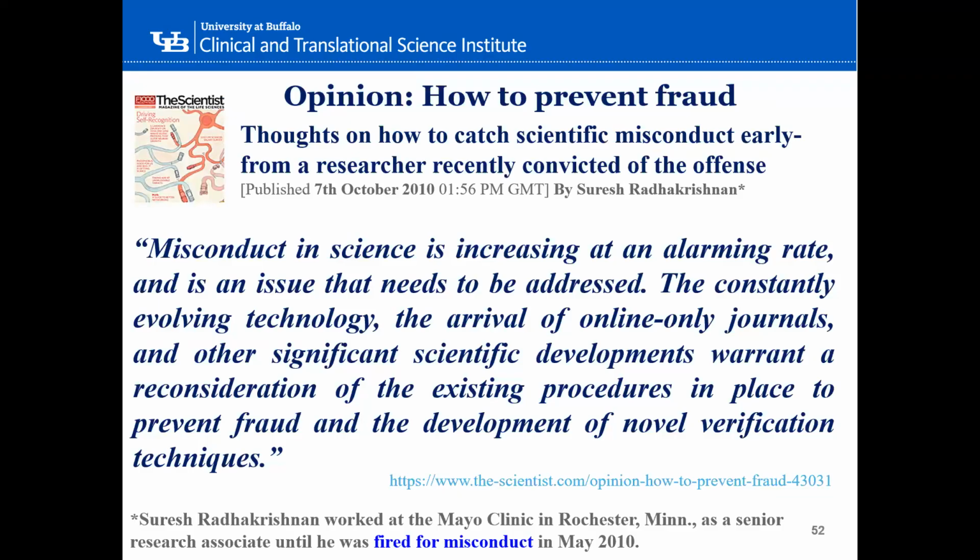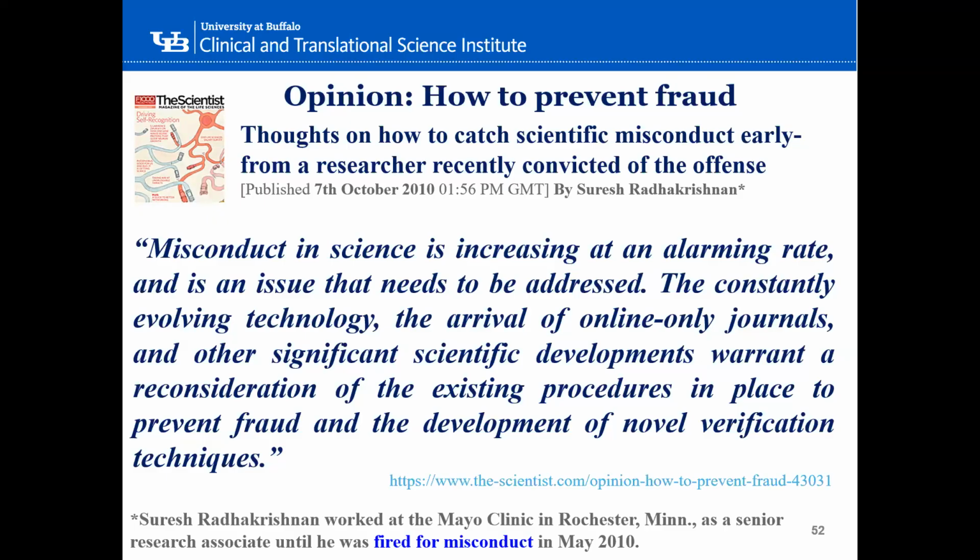Okay, so here's a paper from an author who worked at the Mayo Clinic almost a decade and a half ago, but he was fired for research misconduct. But he actually wrote this opinion piece on how to prevent fraud. And here's a quote from this paper, also published in The Scientist.